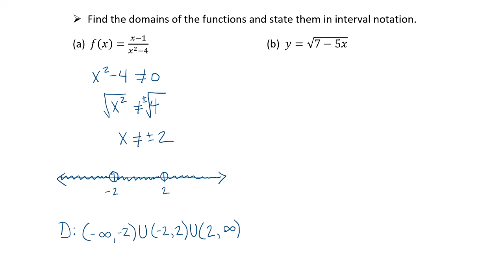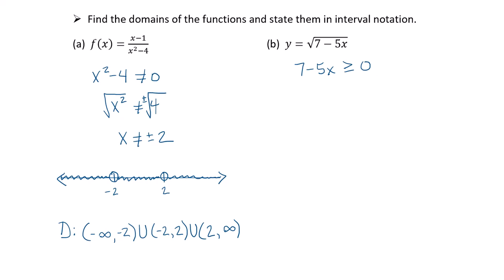In part B, our function is y equals square root of 7 minus 5x. The restriction here is that we have a square root. The radicand of 7 minus 5x must be greater than or equal to 0 for us to have a real result.